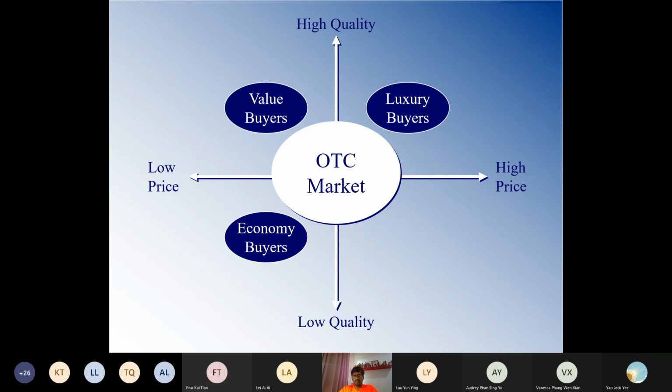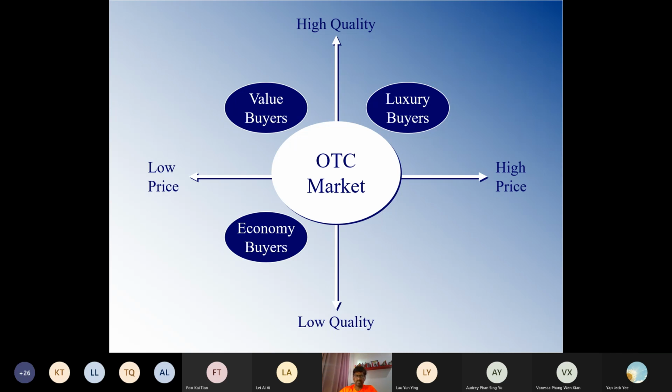These consumers expect any product they purchase to last a long time and have enduring value. That's why they are called value buyers.